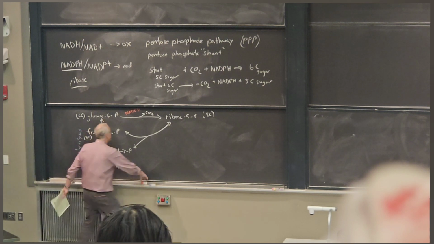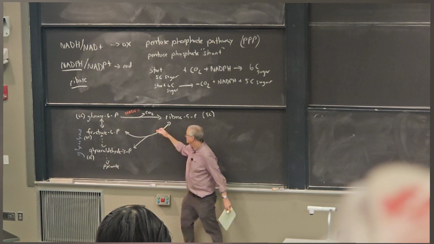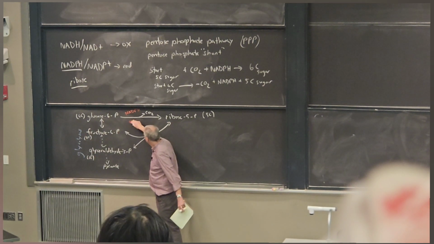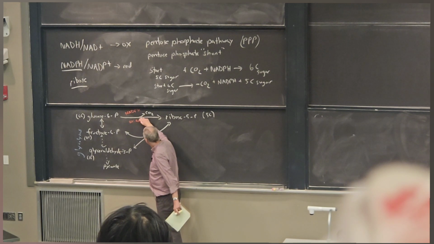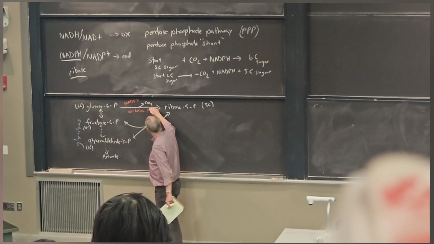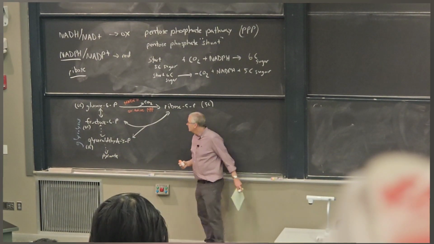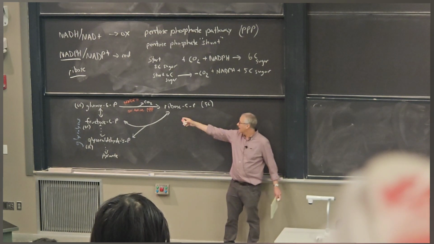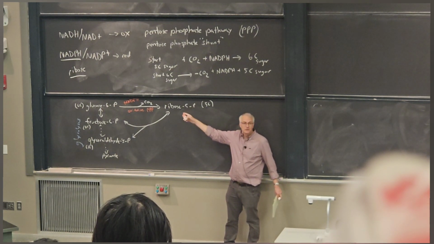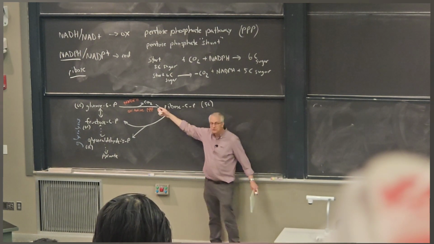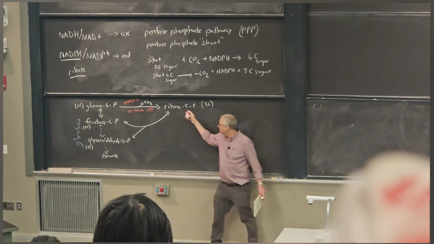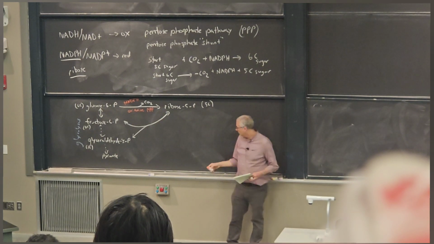And so this direction is sometimes referred to as the oxidative pentose phosphate pathway. Why? Because I'm oxidizing my glucose, something else gets reduced, that makes NADPH, okay? And then I can get a 5-carbon sugar.